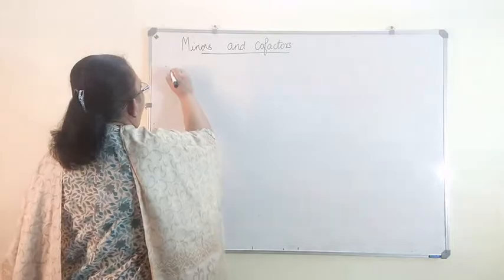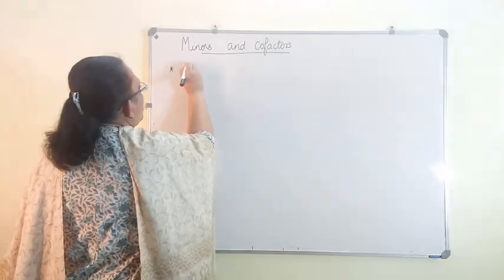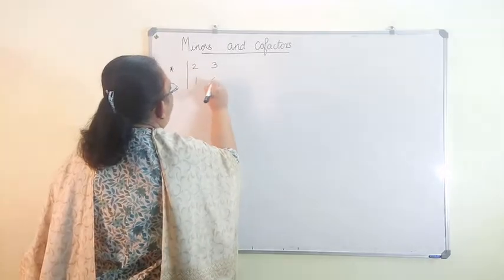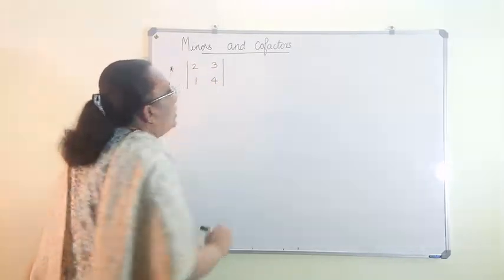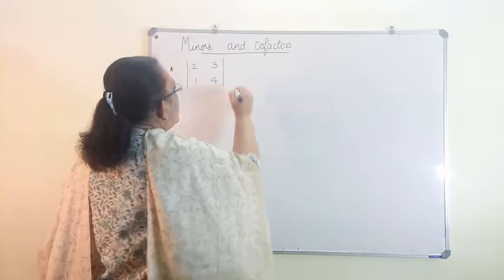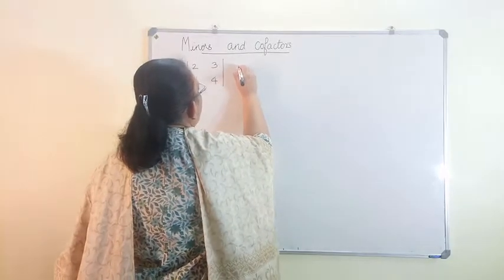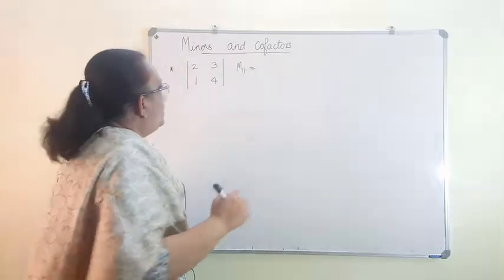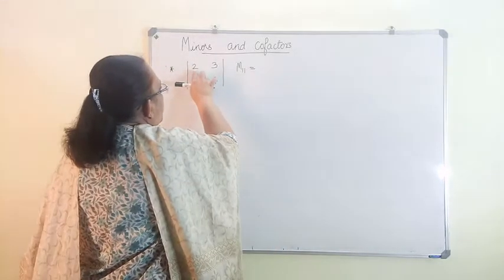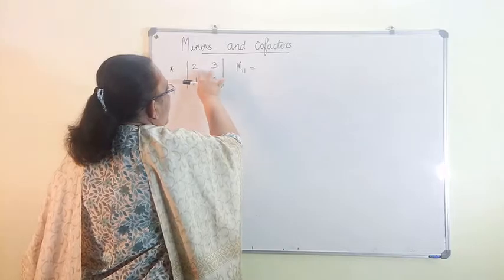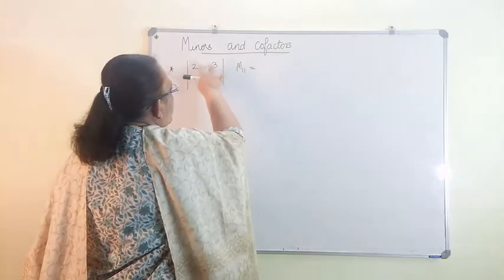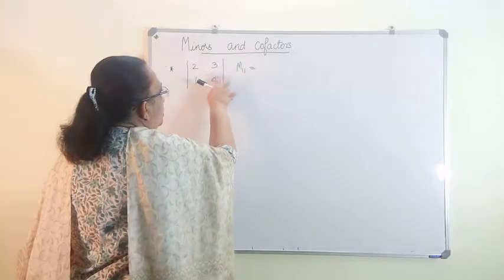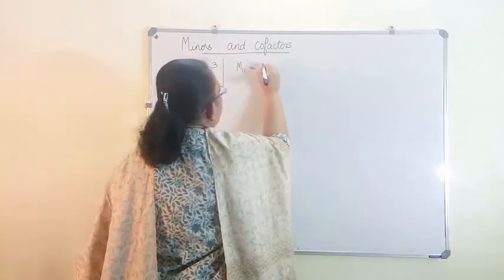First, let us consider an example of a 2 by 2 determinant. 2, 3, 1, 4. What are the minors? Minors are determined by M11. M11 means this 2. You eliminate the row that contains 2 and the column that contains 2. So, first row, first column. You are left with 4.